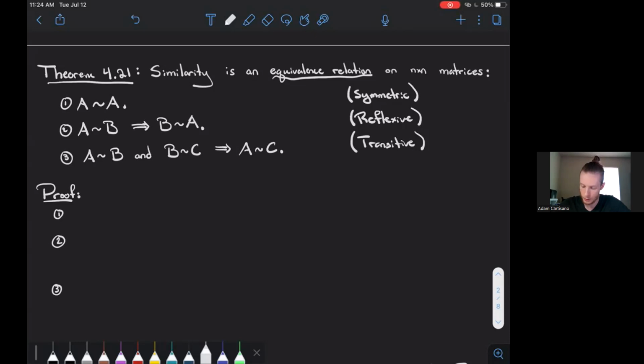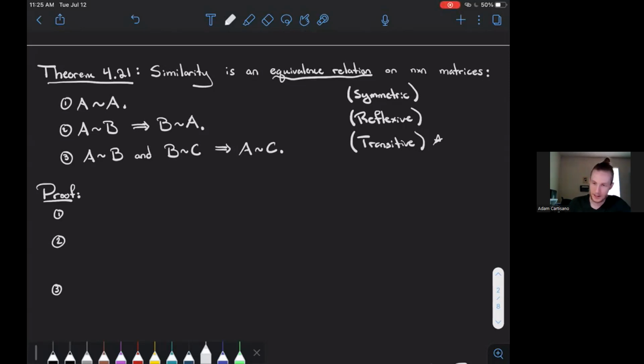You may also hear these referred to in a different word tense. So, for example, symmetry, reflexivity, and transitivity. This one got the most spotlight out of all of the properties of an equivalence relation, I guess. Okay, anyway, we want to prove these real quick.